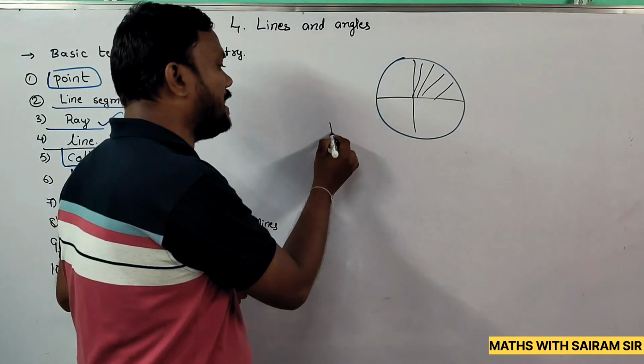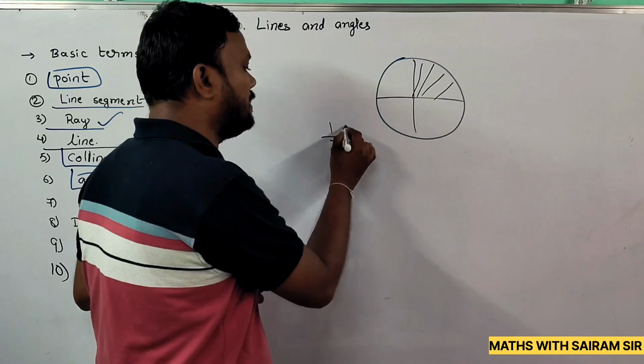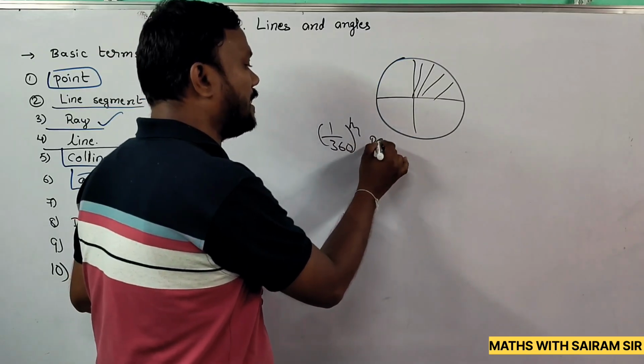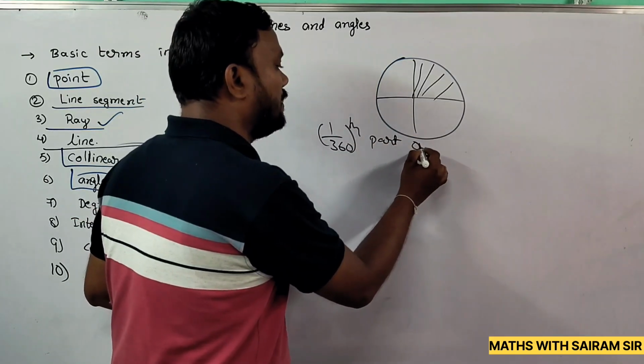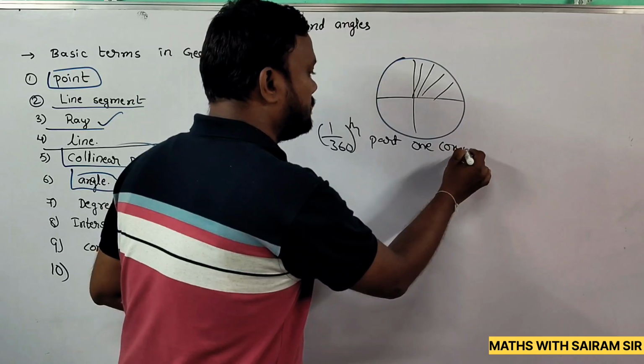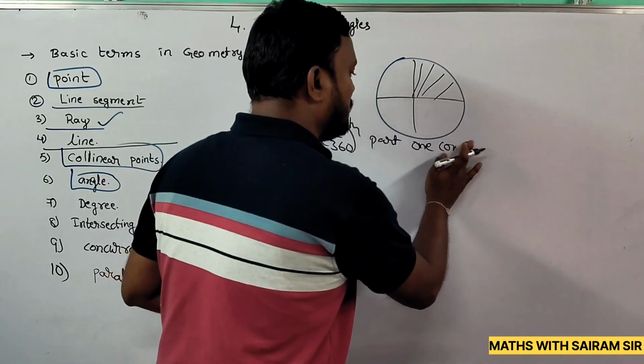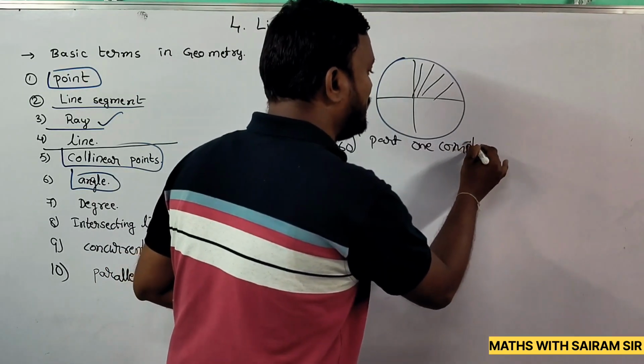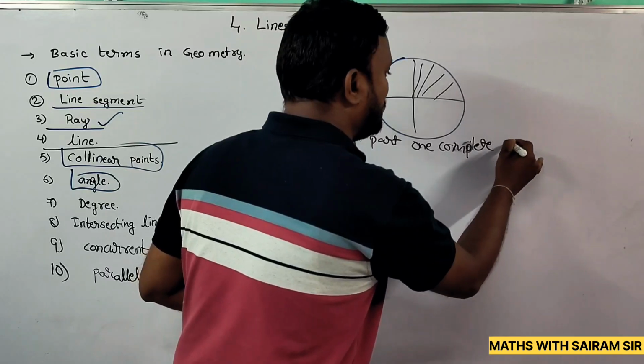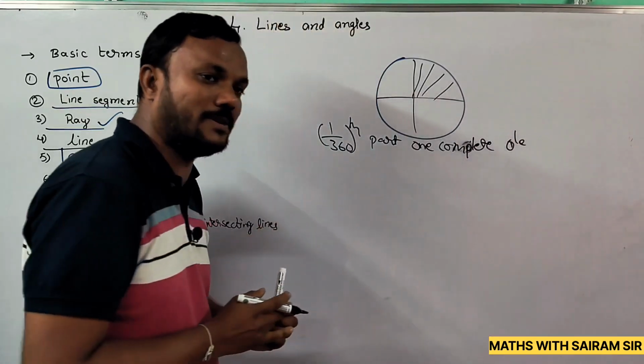That means 1 by 360th part of one complete circle is known as 1 degree.